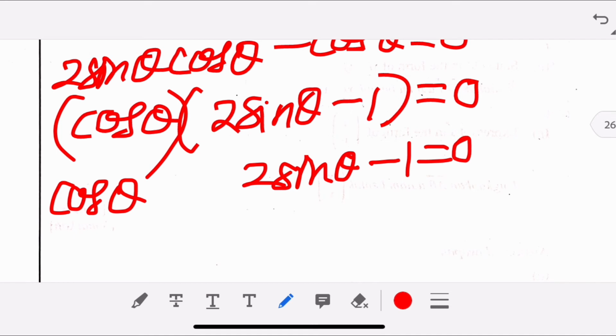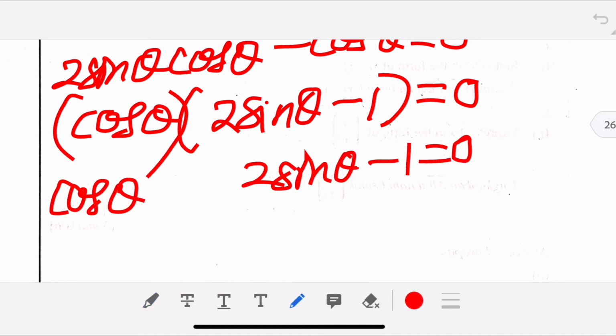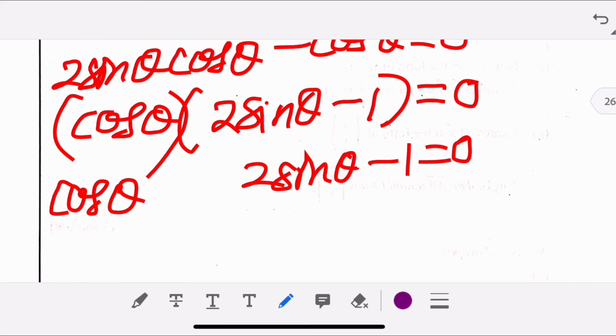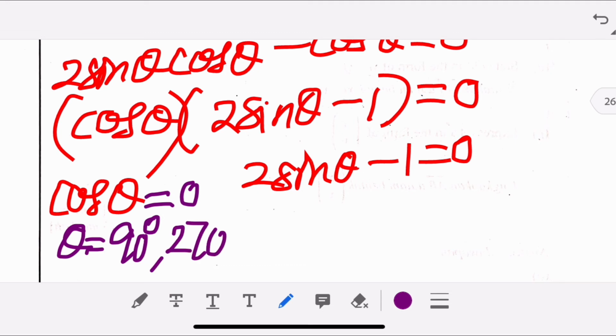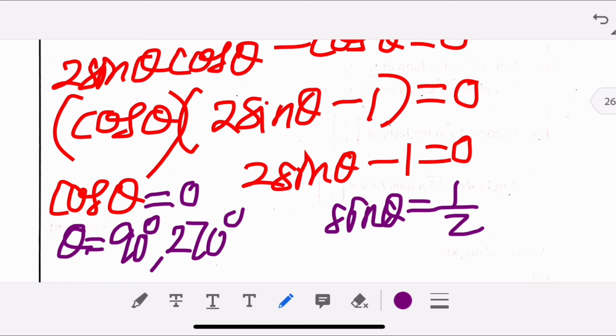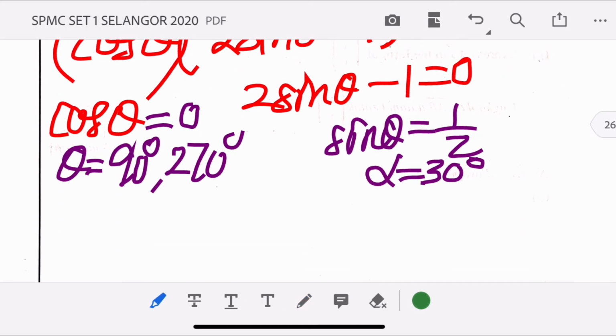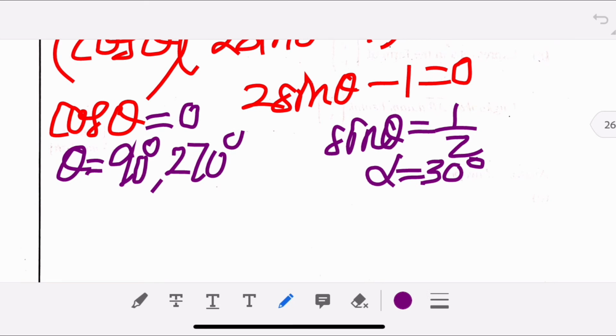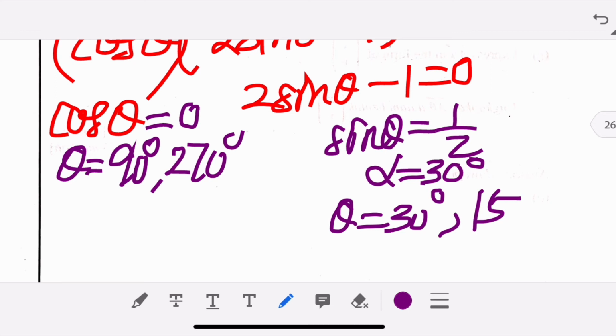So in this case, your answer will be cos theta equal to 0, this is 90 and 270, and sine theta equal to 1 over 2. That means the alpha is 30 degree and is positive, so it's first quadrant is 30 and 150, first and second quadrant.